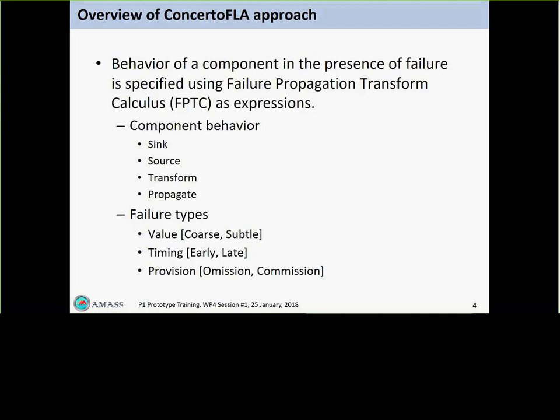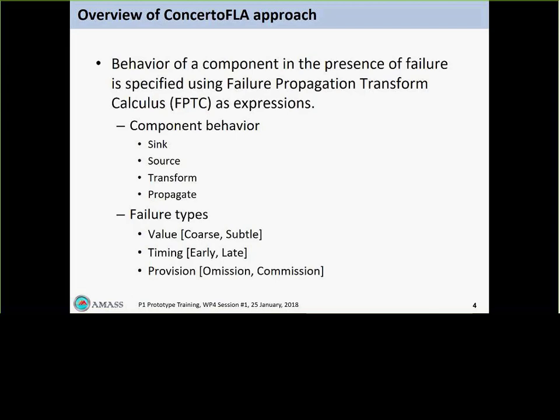The first is that a component could behave as a sink. What this means is that if a failure is coming on the input port of the component, the component stops that failure and does not generate or propagate the failure on the output port of this component.